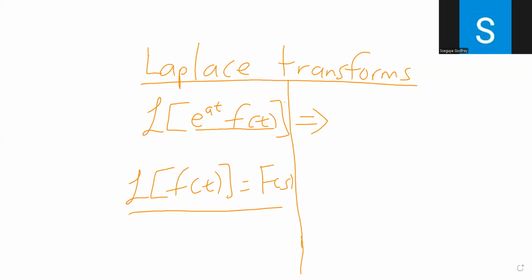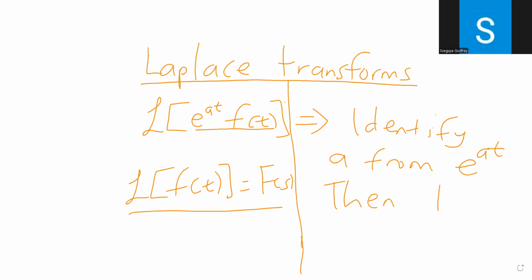After finding F(s), to get the Laplace transform of e^(at) f(t), first identify a. These are the procedures. First identify a from the exponential at t. Then take F(s), which we saw from the Laplace transform.